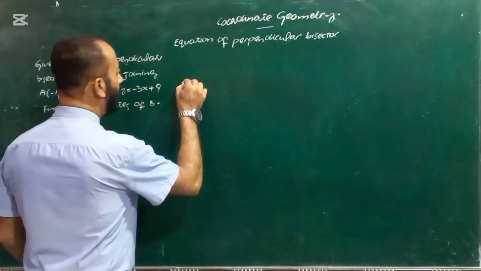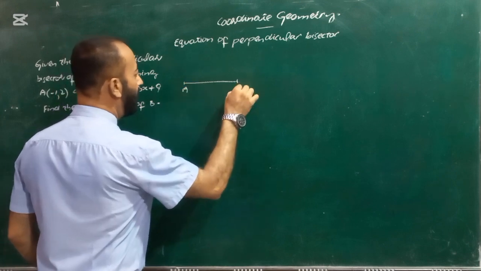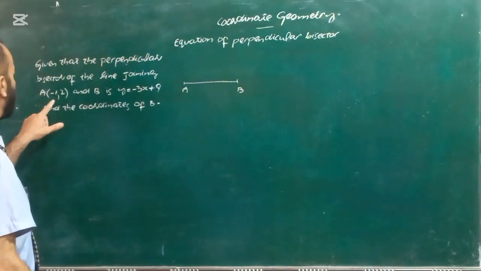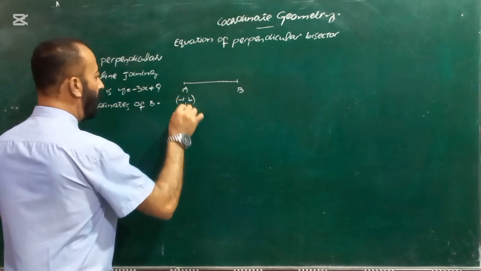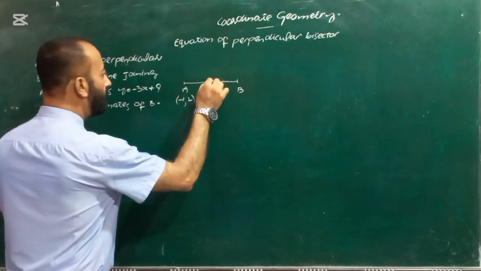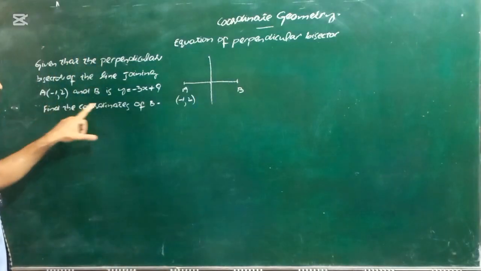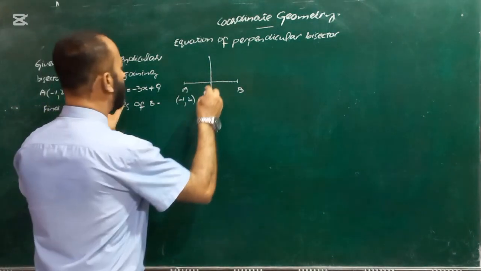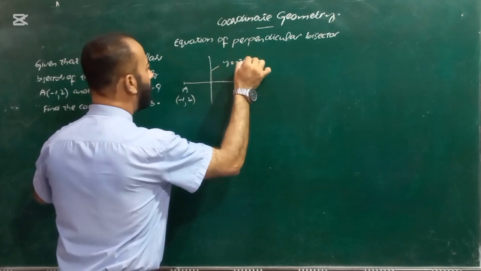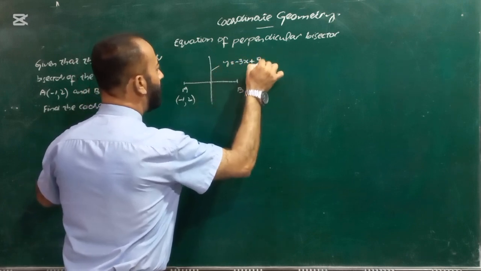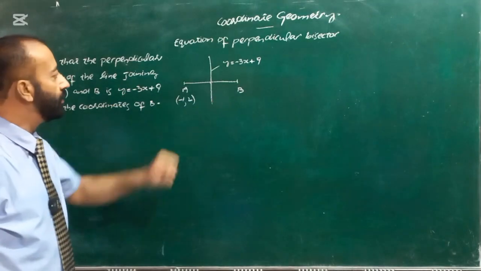So look now, here are 2 points, A and B. A's coordinates are given, that is (minus 1, 2), and the line of the perpendicular bisector is given, that is y is equal to minus 3x plus 9. Okay, and the requirement is to find the coordinates of B.